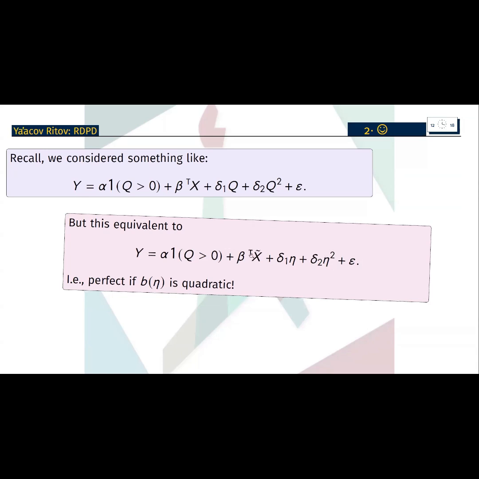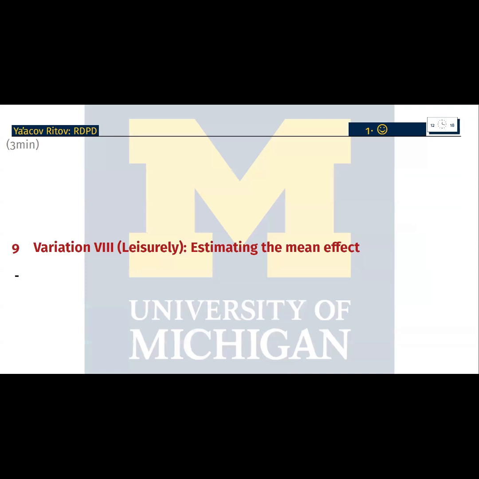As you see, X was changed, by the way, because H now includes the gamma Z. So that's X tilde. And this would be completely perfect if beta eta is quadratic. So that's not a bad approach. I claim that it's actually better than the standard RDD, I believe.